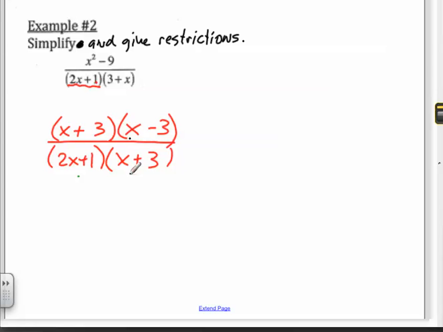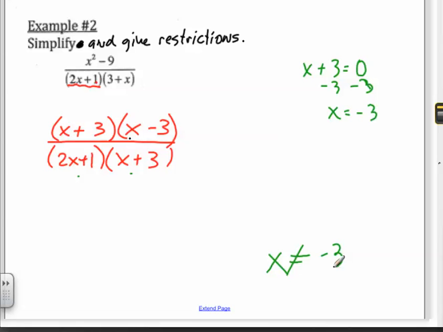So I actually have to take the two terms on the bottom and say, well, when does x plus 3 equal 0? I'm going to subtract 3 from both sides, and I see that when x equals negative 3, then x plus 3 is 0. So I know that x cannot equal negative 3, because if it did, then I'd have 0 in the denominator. That's one of the restrictions.